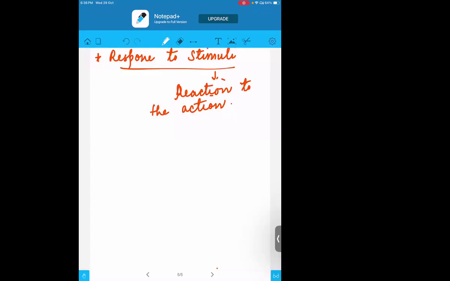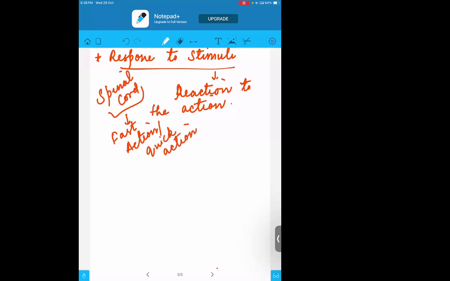The only difference is that in this case of response to stimuli, this is done only by the spinal cord, because these are the fast or quick actions. That is why they cannot rely on the brain to do it. Clear? Because the brain does all those activities which require time.